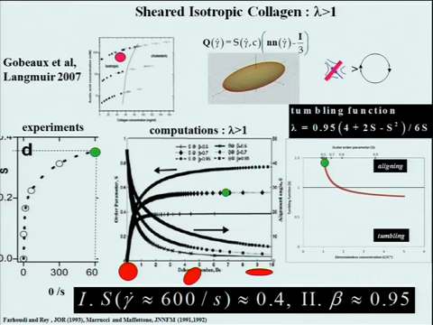So this ellipsoid isotropic ball tilts and deforms towards the flow direction, showing that the shear rate affects the two things, the scalar order parameter and the director orientation, simultaneously.